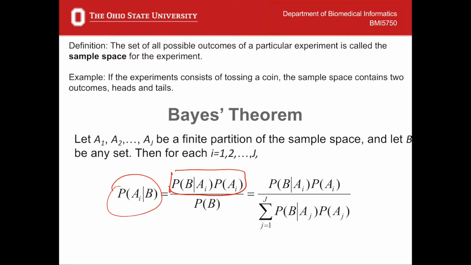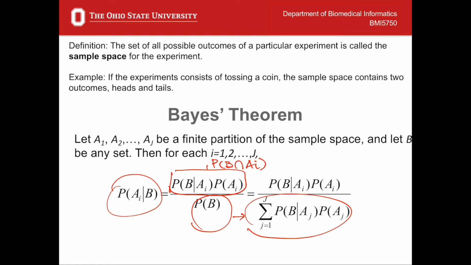Actually, this part equals the probability of B intersection AI. And P(B) equals this because of the law of total probability.